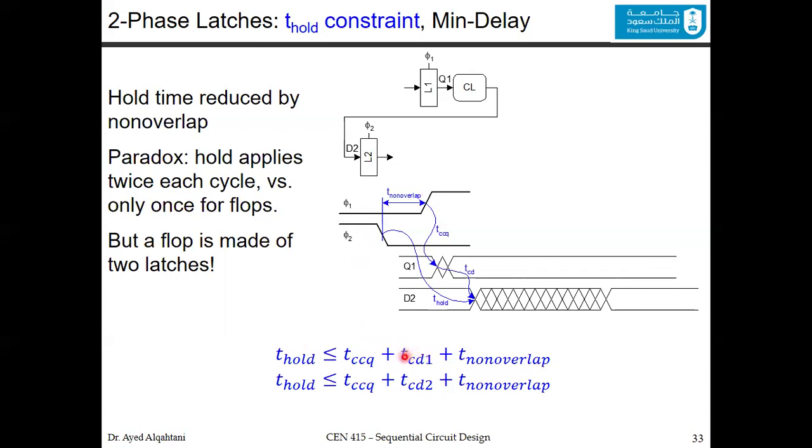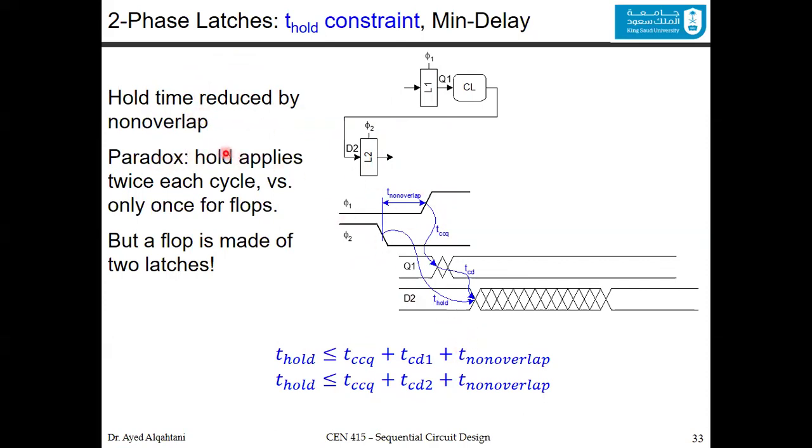Now, sometimes you consider the TCD1 if you are moving from latch number 1 to latch number 2, and sometimes we consider the TCD2 if you are passing in the opposite direction, from L2 to L1. And know that now the hold time is reduced by the non-overlap. In the two-phase latches, the hold time is reduced by the non-overlap because you need to cover for it.